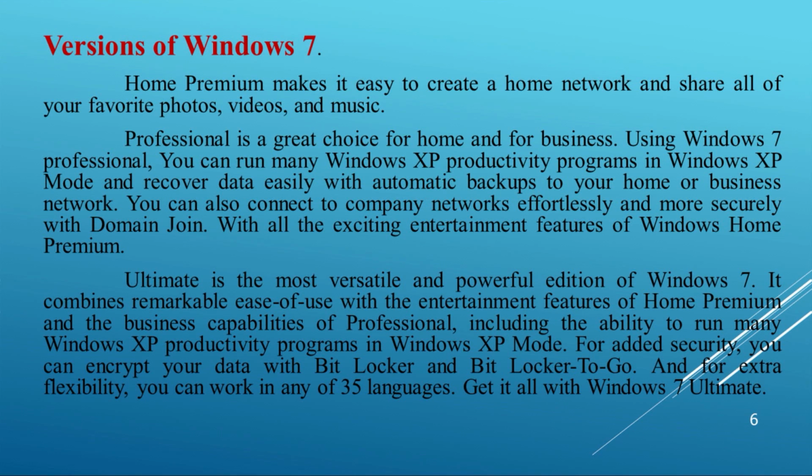For added security, you can encrypt your data with BitLocker and BitLocker To Go. And for extra flexibility, you can work in any of 35 languages. Get it all with Windows 7 Ultimate.